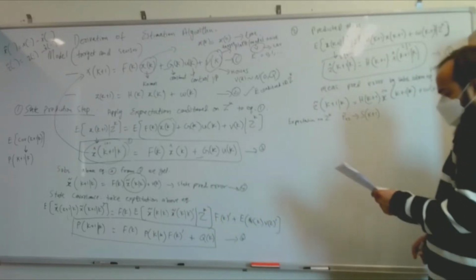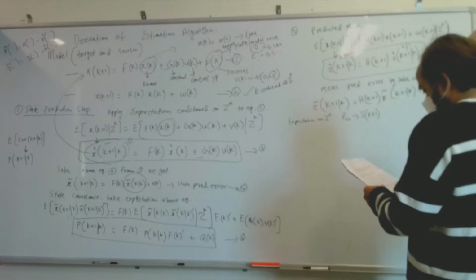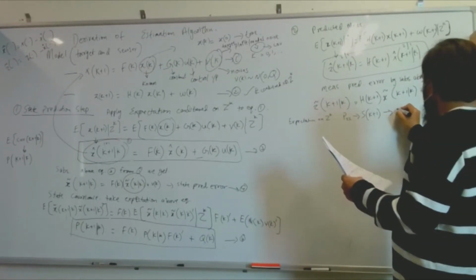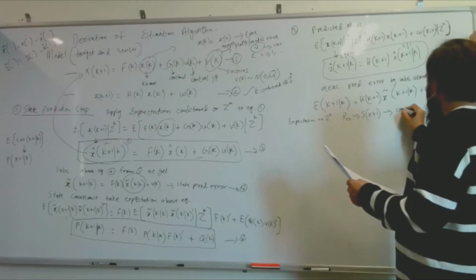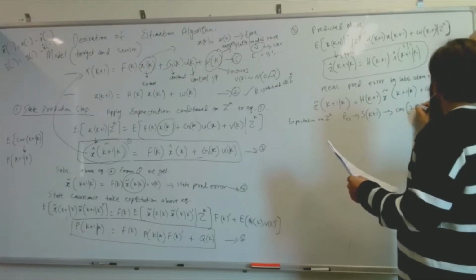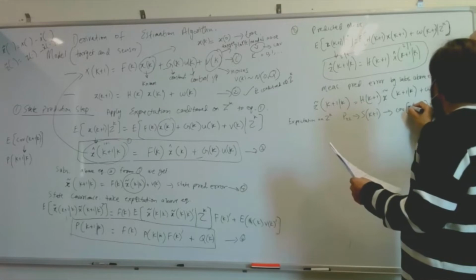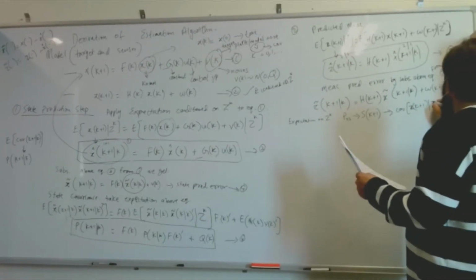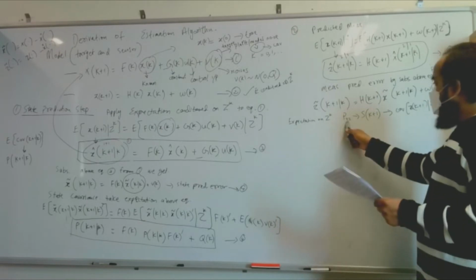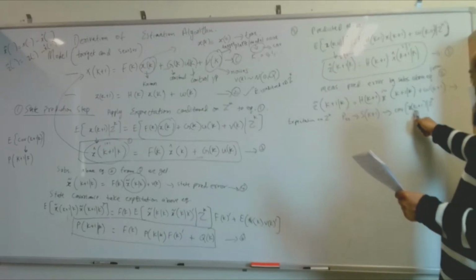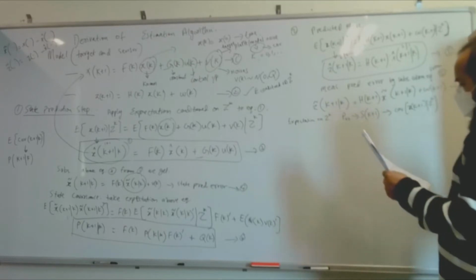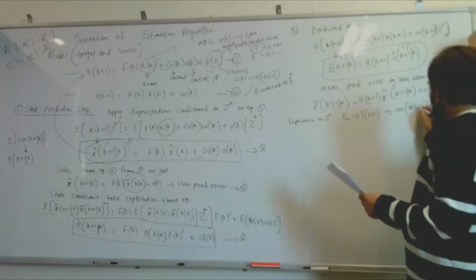This means the covariance of zk plus 1 conditioning on zk. And how to obtain this?